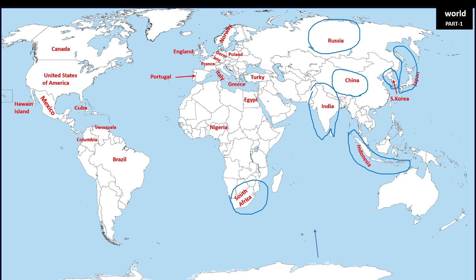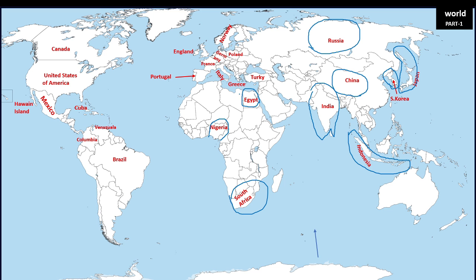Just in the western part of Asia and the beginning of Africa, we find Egypt, where the Mesopotamian civilization existed. One of the less developed countries, Nigeria, is on the western part of Africa.